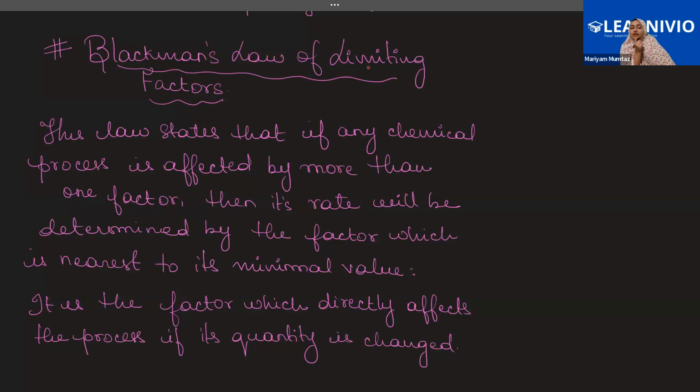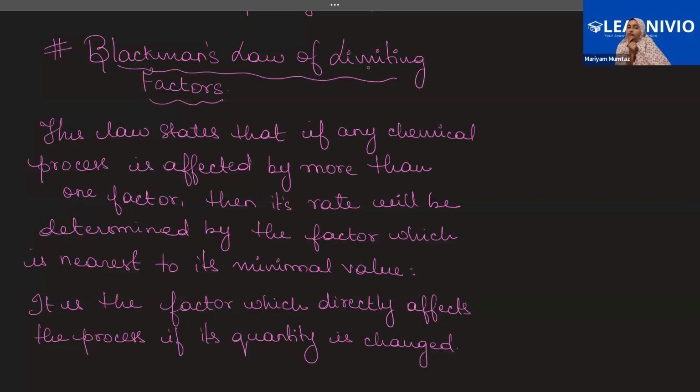Meaning if a change in the factor will change the rate of photosynthesis, then that becomes the limiting factor. Meaning because of it, the changes will take place, and if it is not there, the change will be normal.